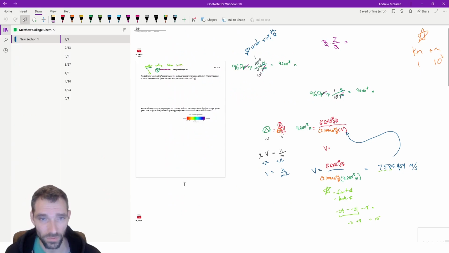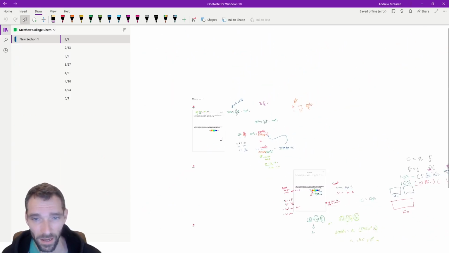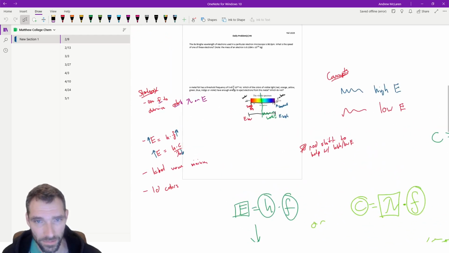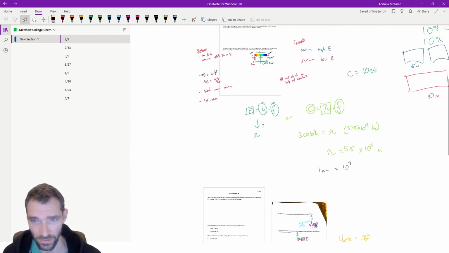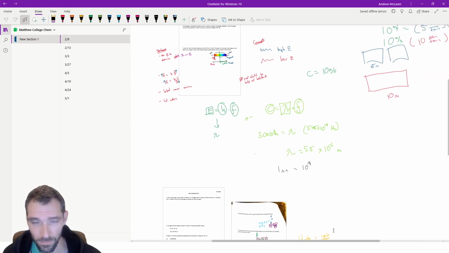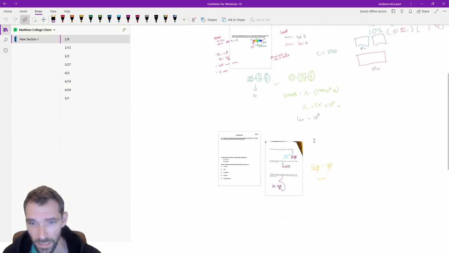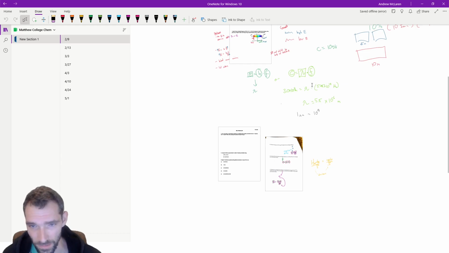When I went through this question with a student, we were looking at the second one here, and I knew that there was that amount of hertz, or frequency, which we could correspond to a certain amount of energy. We can also use the speed of light formula to figure out its wavelength. We can plug those into those formulas and solve for it.